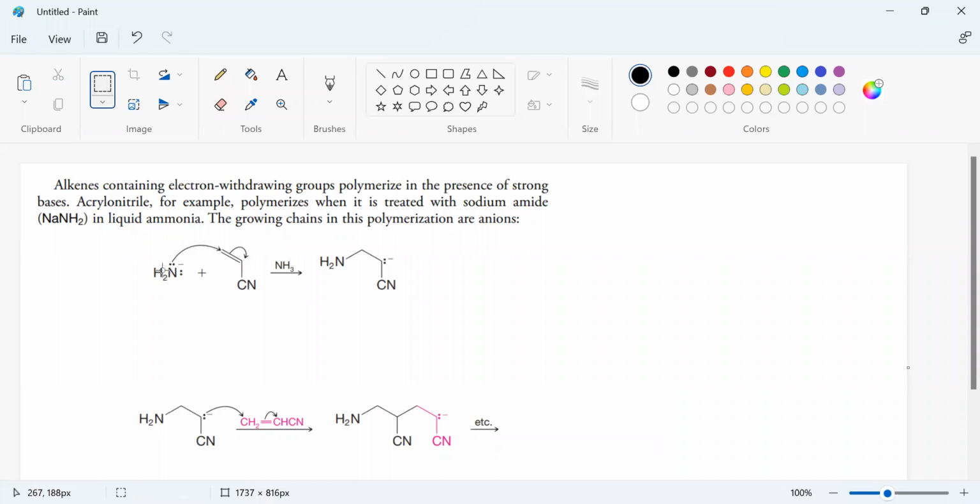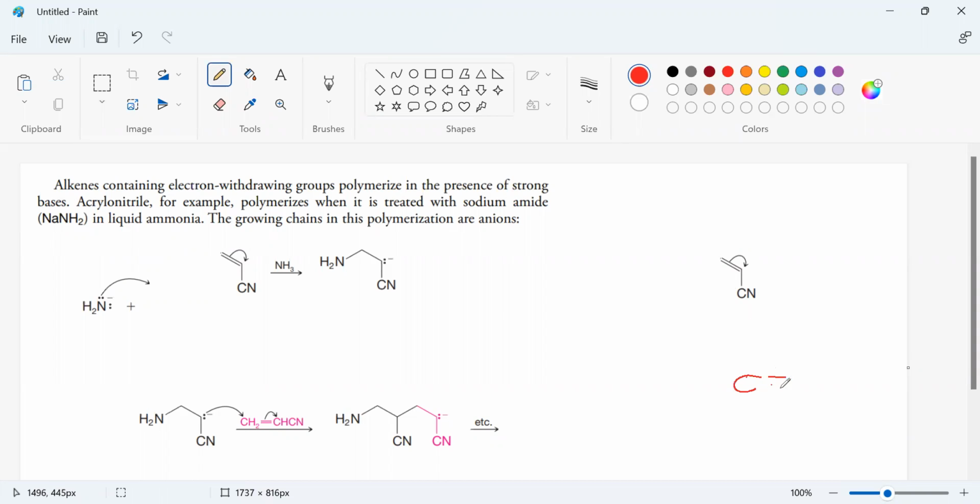So I just want to emphasize first before I proceed to this reaction. I want to emphasize this acrylonitrile. This one is actually C triple bond N. It's an acrylonitrile.